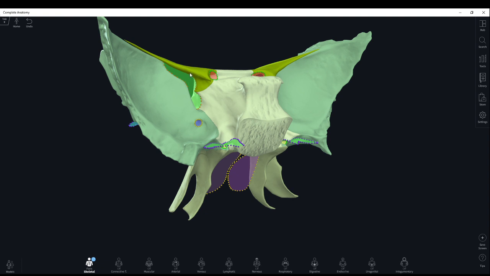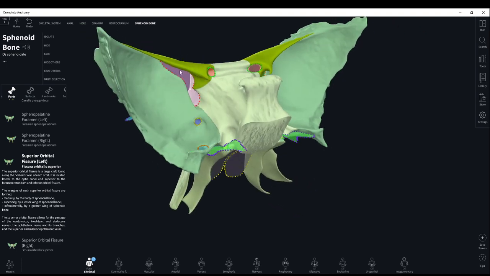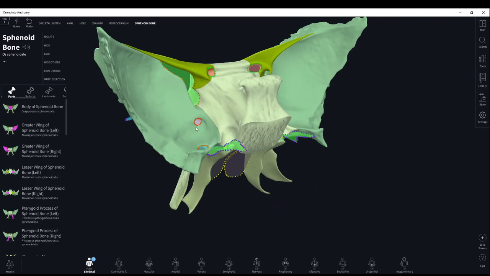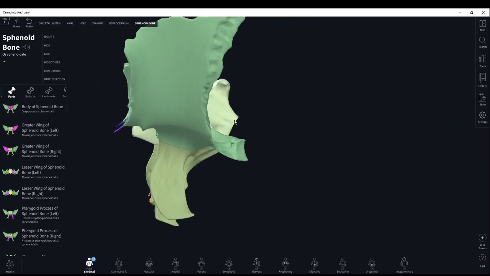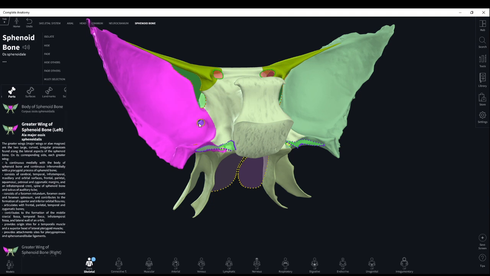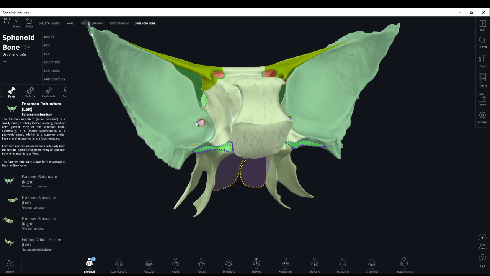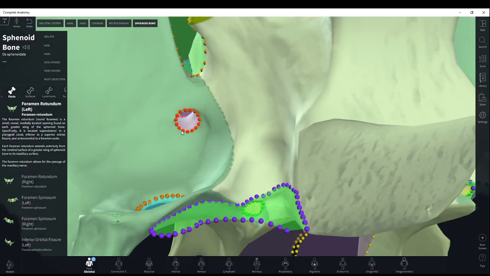For example, the superior orbital fissure, fissura orbitalis superior, between the lesser wing and greater wing. Closer to the body, directed horizontally, is the foramen rotundum. The Latin name is the same, foramen rotundum.